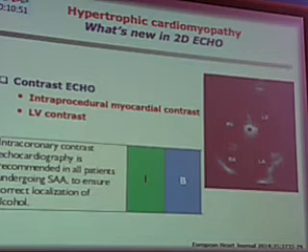Also, we could use intracoronary contrast echocardiography. And indeed, this technique is recommended as a 1B indication for those patients possibly undergoing a myectomy, and especially alcohol ablation.